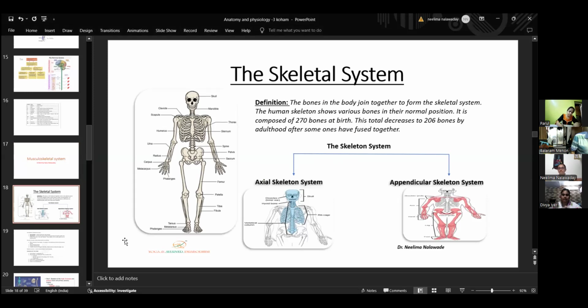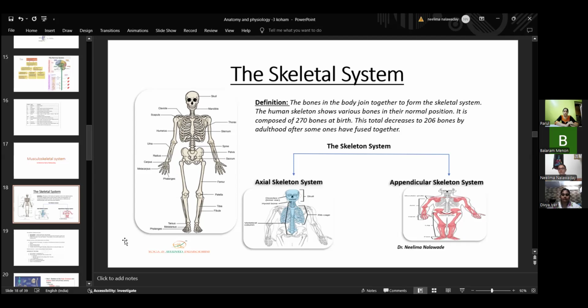First of all, we will go through the skeletal system. In the last session, we saw some of the functions of the skeletal system, how the human body gets formed, and different systems working together in coordination. So the first system is the skeletal system. It is made up of bones.